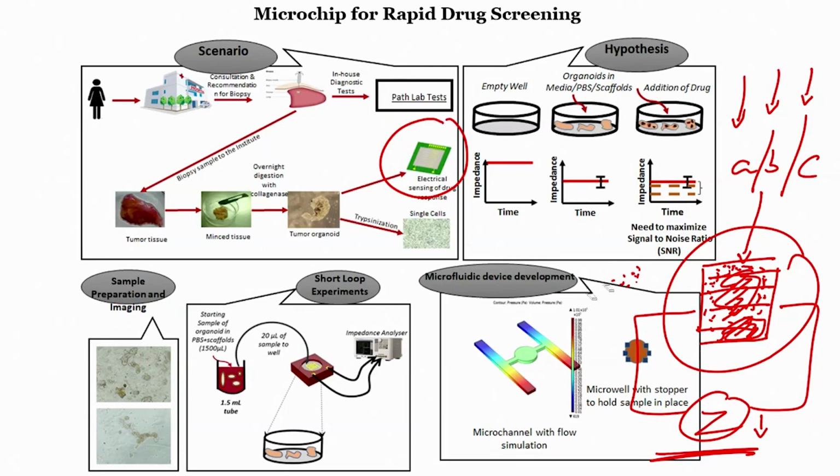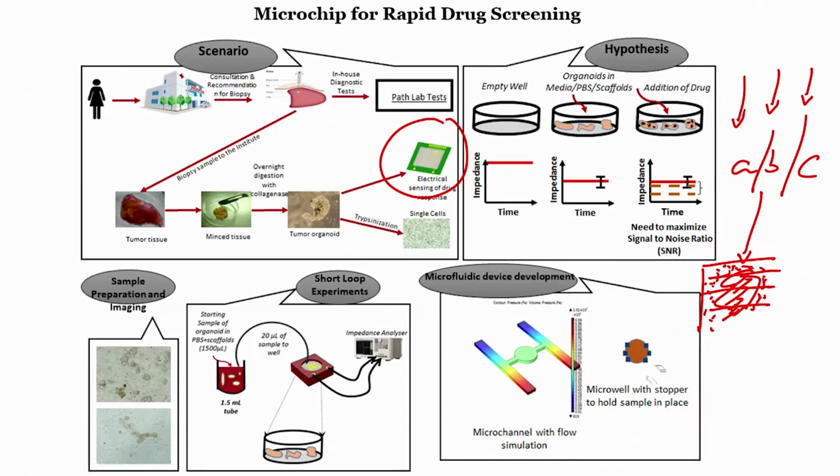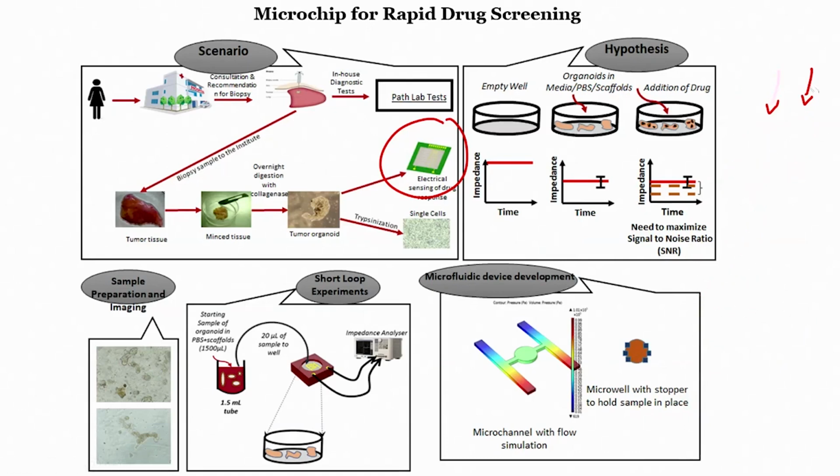But the concept we got is that if we load the drug on the interdigitated electrodes with tumor, then we can see the change in impedance. That means we can use impedance as a modality, or electrical property, to understand whether a drug is effective or not.